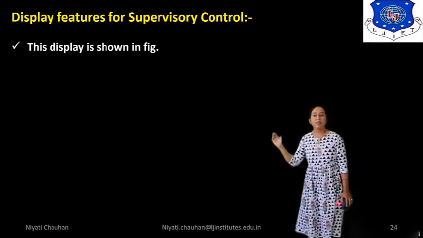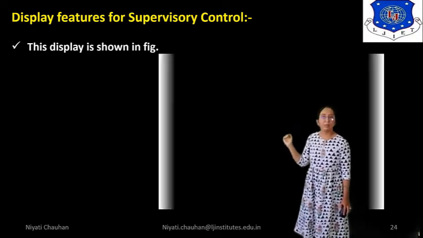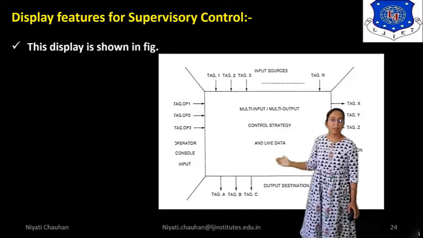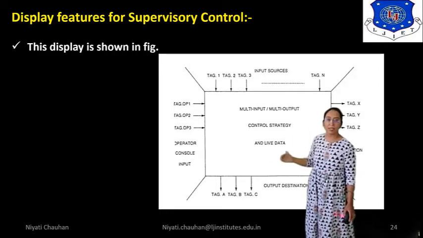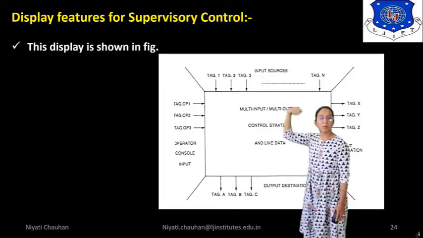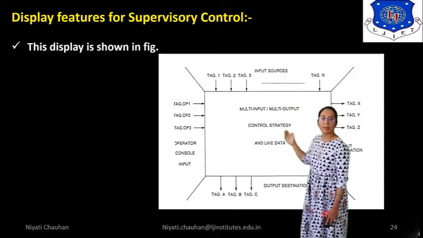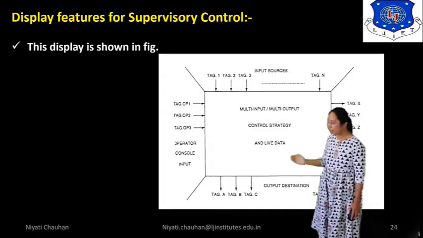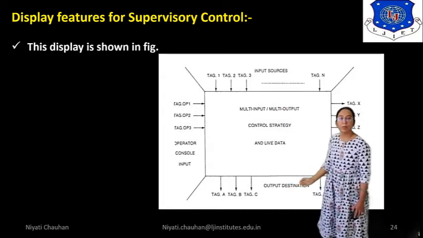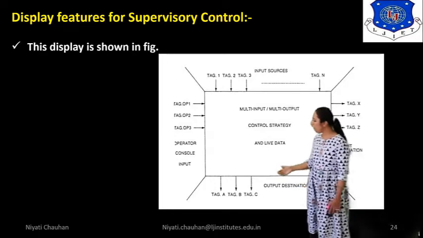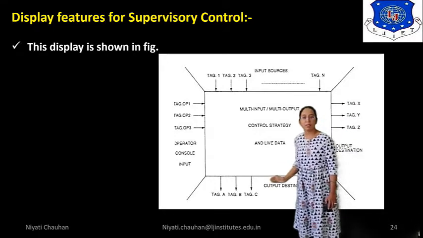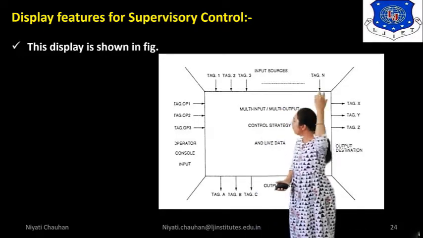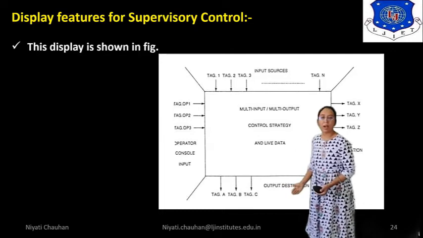Next, this display is shown in the figure. So here you can see the display shown on screen. On this screen, at the top side, input sources are available, tag 1, 2, 3 up to n. And here you can see the output destinations, which we have given as tag A, B, C up to K. So upside is input and here is output.